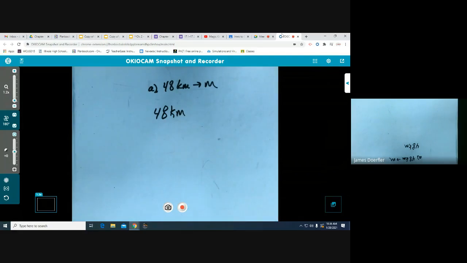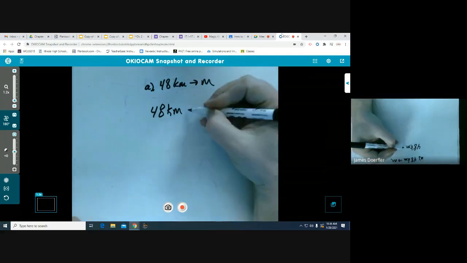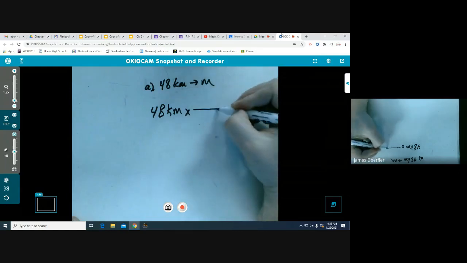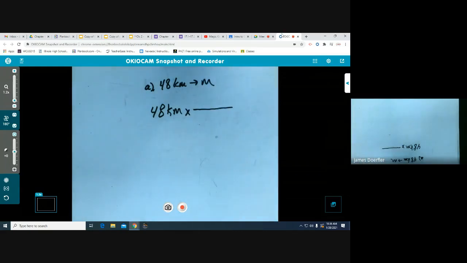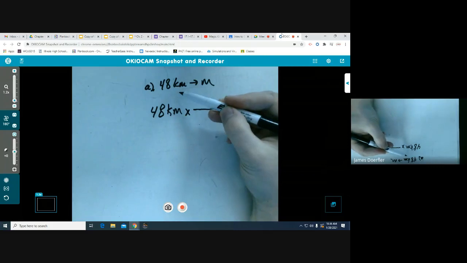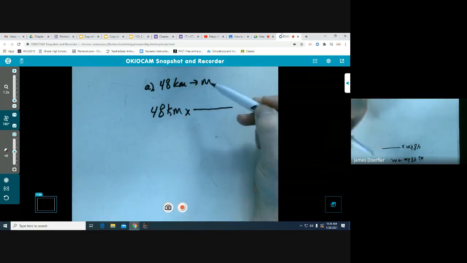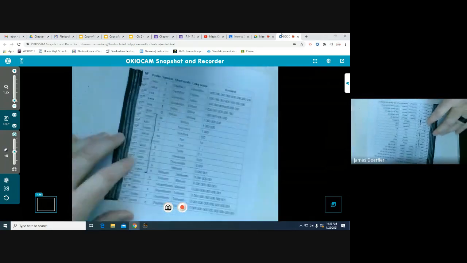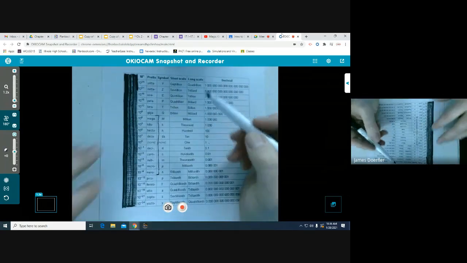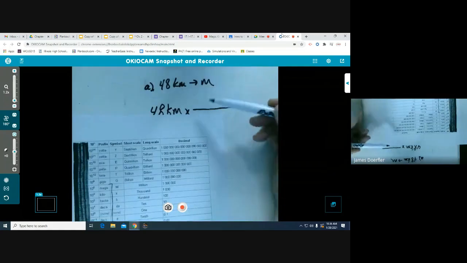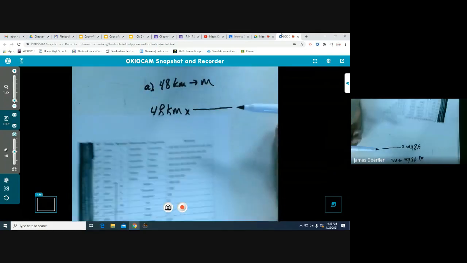You then are going to multiply by the specific conversion factors. We need to go from kilometers to meters. Very good. If you didn't hear Caden, that's 10 to the 3rd meters is equal to 1 kilometer.